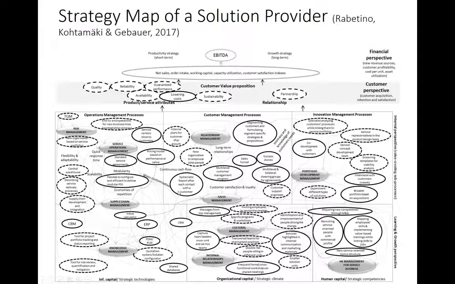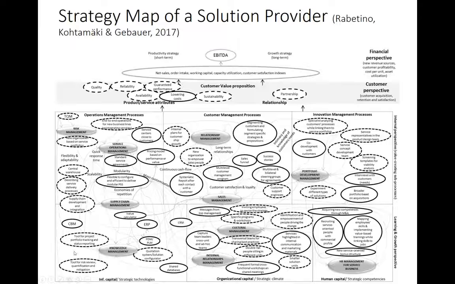Okay, it's a little more complicated picture from our own study with solution provider companies, but basically the similar logic holds. So we have the financial targets, financial measures, financial perspective, customer value creation, how customer value is created in solution providers, and then the operational processes, processes related to customer management, customer relationships, and processes related to innovation.